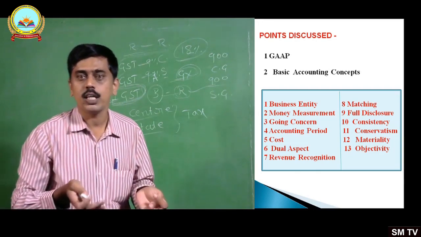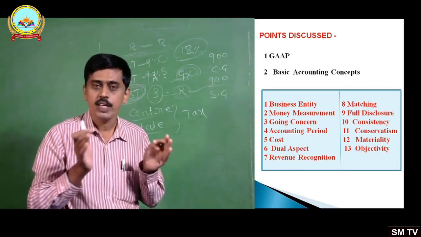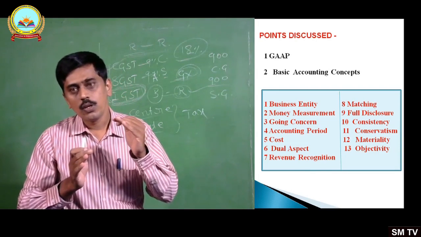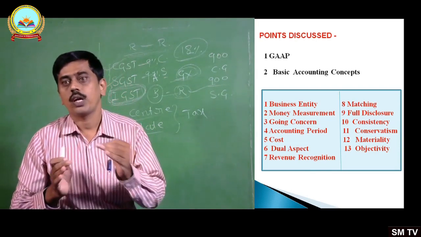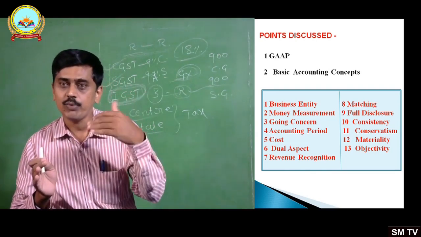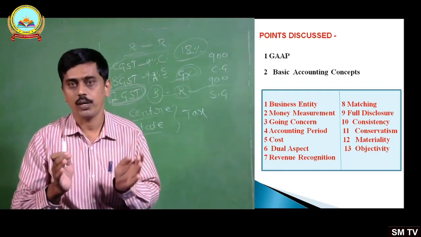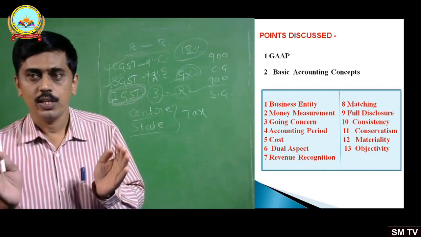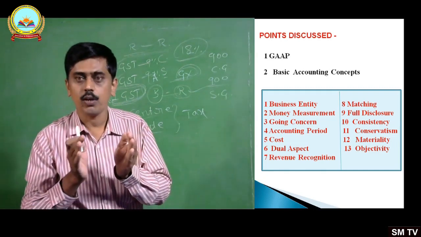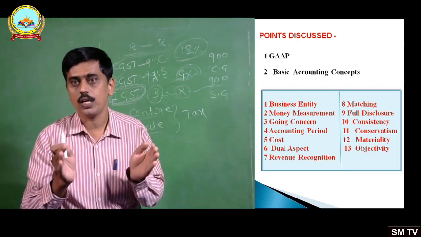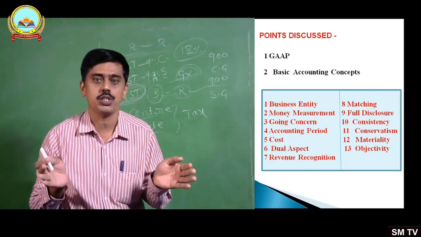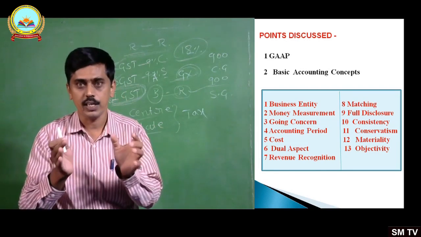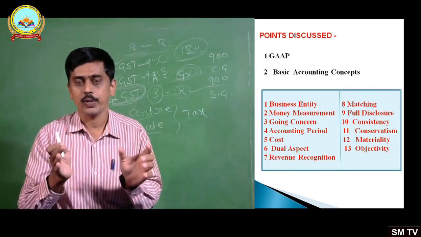And next, going concern concept, which says that business entity is supposed to be in existence for a long period of time, for an indefinite period. And next, accounting period concept says that the owner of the business will ascertain the result of the business and financial position of the business at periodic intervals, and that interval is called accounting period.